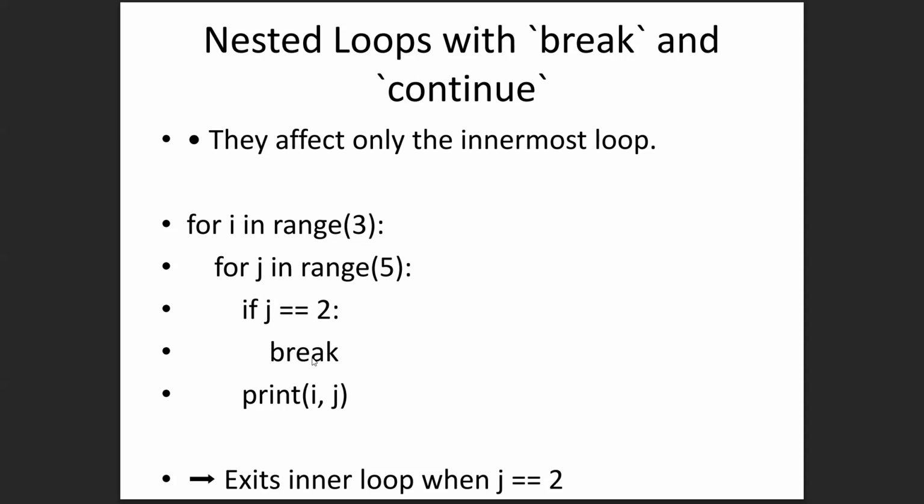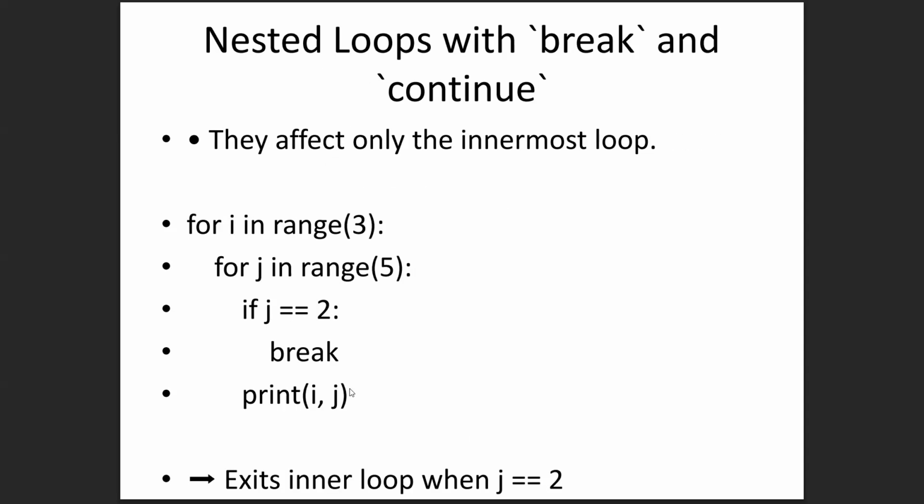It means whenever the j value becomes 2, it breaks that statement, terminates the inner loop, and comes out of it. When j equals 0, it prints 3 times. When j equals 1, it prints 3 times. So totally we can see the output here.